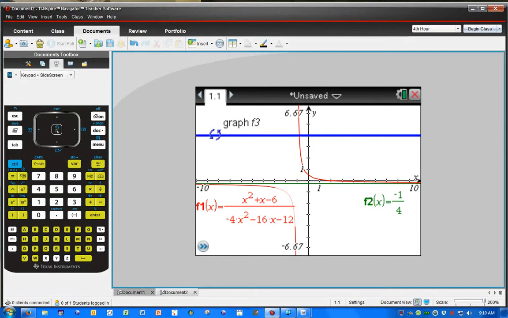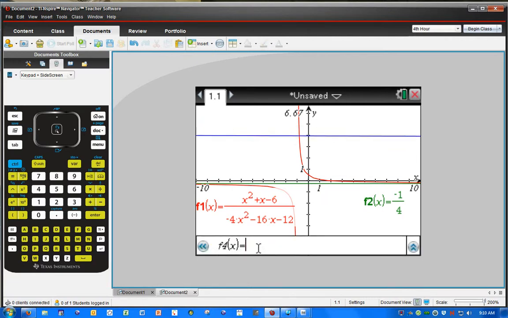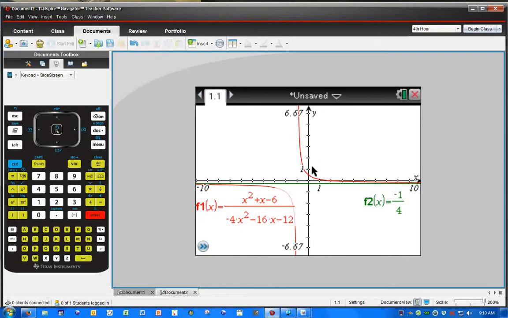You can see the horizontal asymptote. I can open it up and go negative 1, enter negative 9, and then wherever you see undefined at negative 3, x equals negative 3, there should be a hole right there.